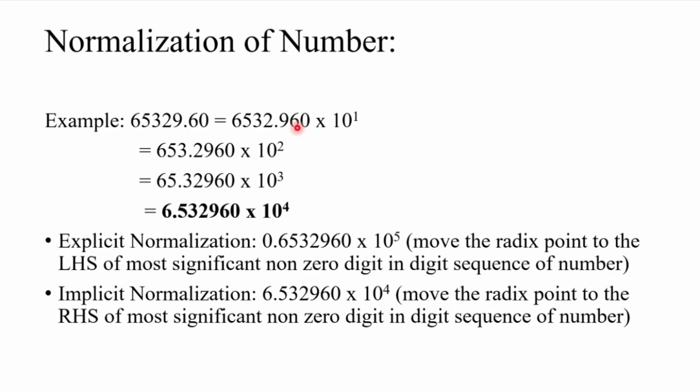This number is written as 65,329.60, which is also written as 6,532.960 multiplied by 10 to the power 1, or as 653.2960 multiplied by 10 to the power 2, or in another way, where the exponent of 10 is 3.